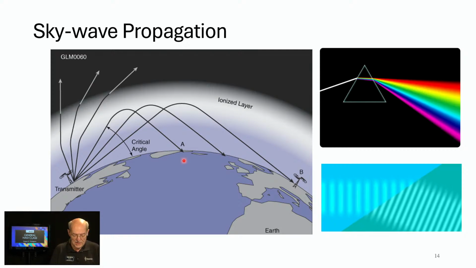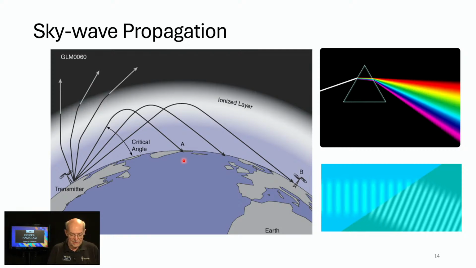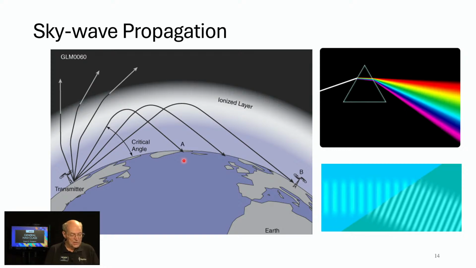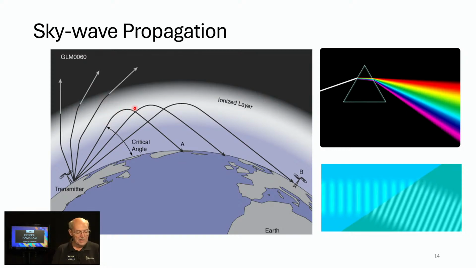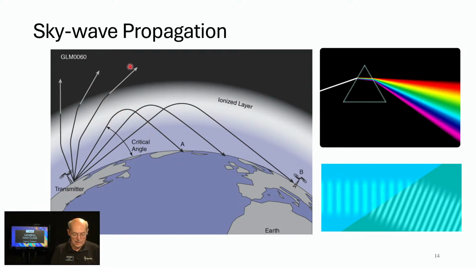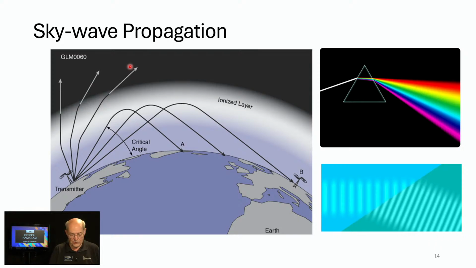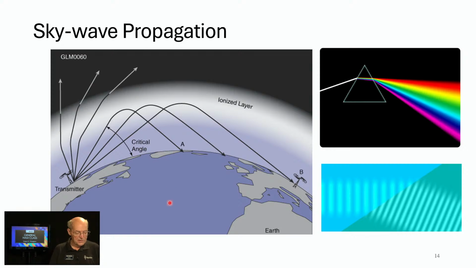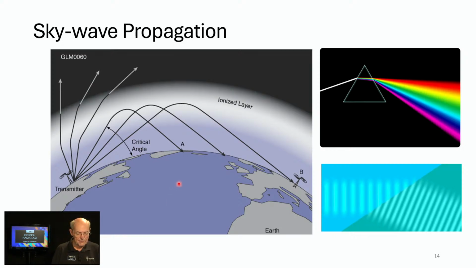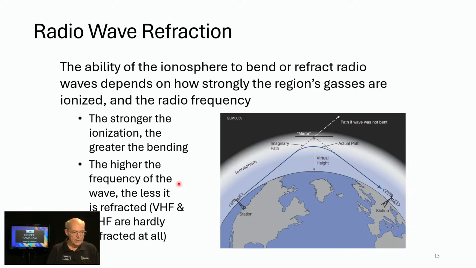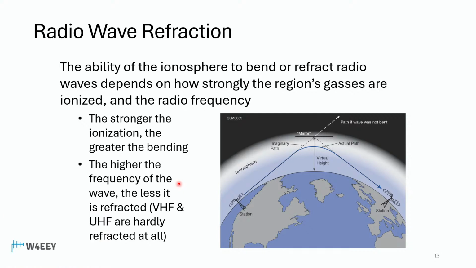And then there's another concept called maximum usable frequency, because if you go higher than the maximum usable frequency, it'll go off into space. We'll also be talking about the lowest usable frequency. And those are signals that wind up being absorbed in the D layer. We'll talk a lot more about that in a little while. Just wanted to introduce the concept at this point.